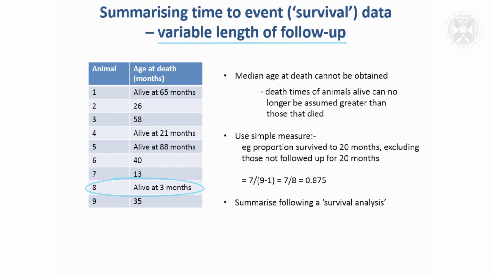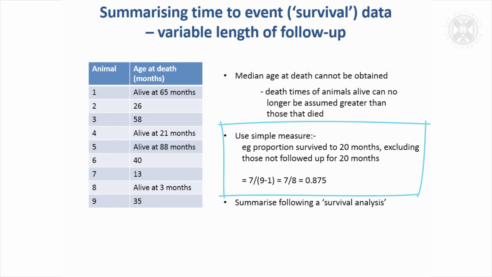So although we've got 5 animals that have died, we still can't use this data to get a median, because if we took 58, that's not right, because this animal 8 might have died at 4 months for all we know. So again, we're going to have to use a simple measure.